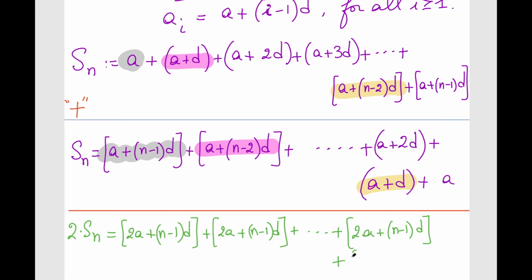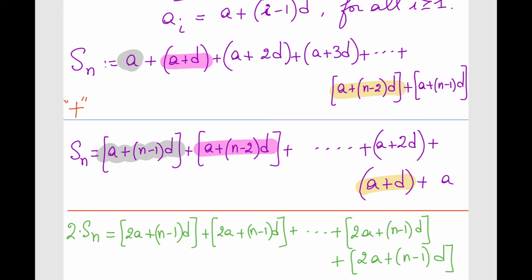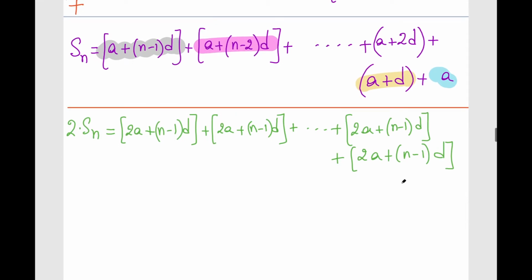That's going to give us still 2a plus (n minus 1)d. Correct? So thanks to Gauss' approach, that approach actually applies to the abstract case. It doesn't only apply to what his teacher gave him to handle. All right, and this is what?